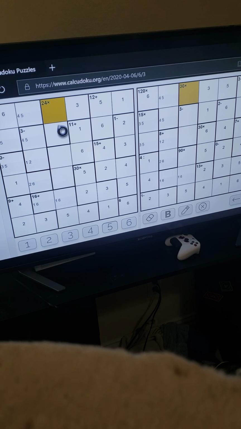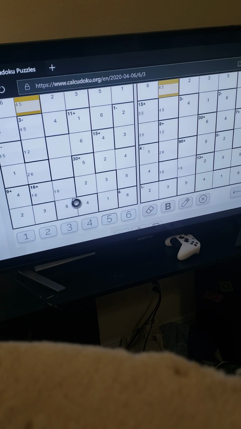These two cells need to multiply to equal 8, which can only be done by 2 and 4. Due to this 2, this must be a 4. To complete this column, this has to be a 1, and this has to be 3.